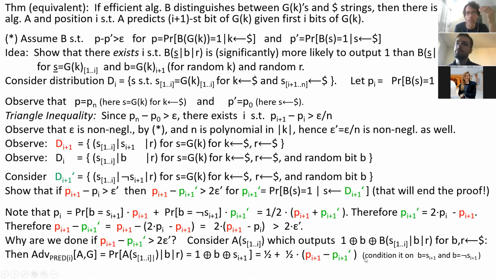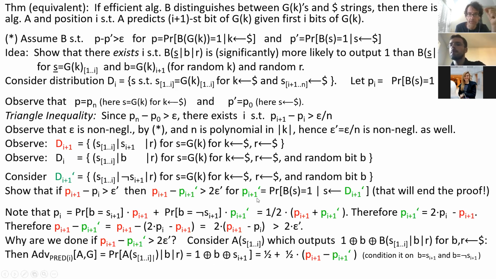And now let's condition on this bit being wrong. So what's the probability that capital B, given a string with the i plus first bit flipped and random, outputs, so the bit was wrong, so this is a 1, so this is a 0. So we're looking at the probability that B on that stuff outputs 0. This stuff is this stuff. So it is the green probability, it's 1 minus the green probability, right?